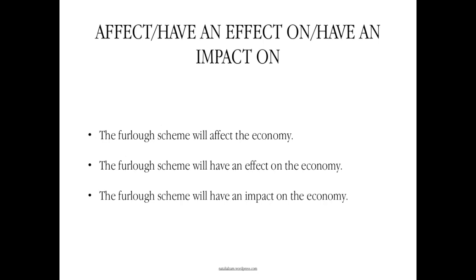A furlough scheme is the equivalent of the Spanish ERTE. Okay? So if you think of that, you could say that the furlough scheme will affect the economy. Remember that you use this verb here, and then this is the object, and there's no preposition involved. It will affect the economy.